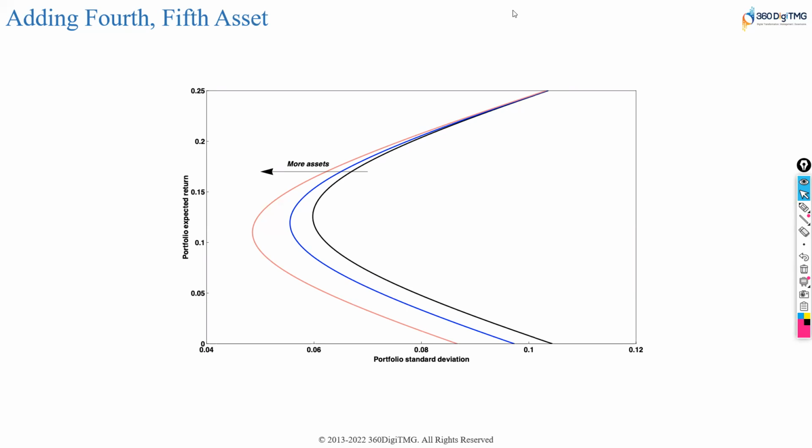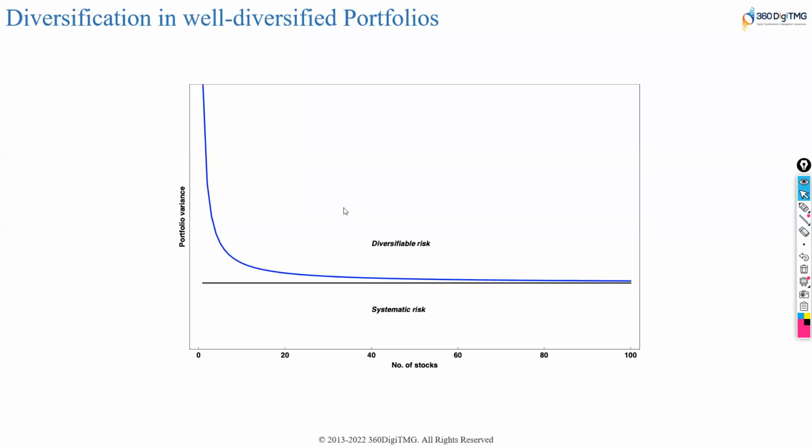That would not happen because some amount of risk would be there because of the very nature of the place that we live in. And that risk is called systematic risk. The systematic risk will remain no matter what you do.